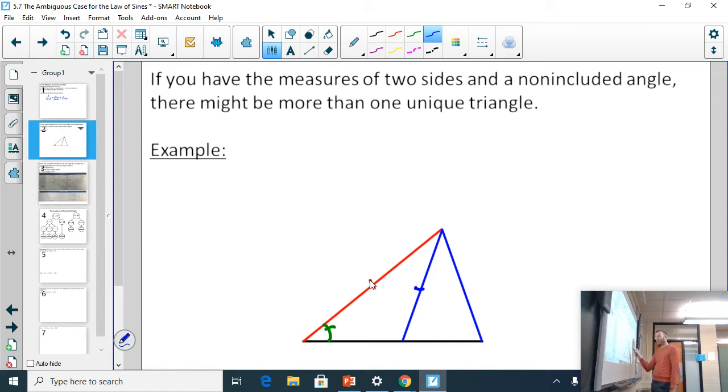Do you see how with the same length blue side, we can create two different triangles? We have this smaller obtuse one, and then we have this one that's more like huge right here. Two totally different triangles we can make with that same blue length side.